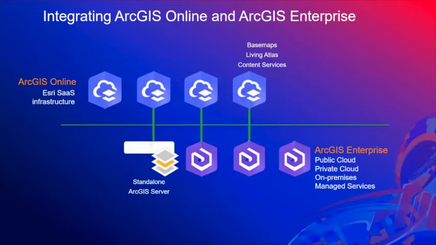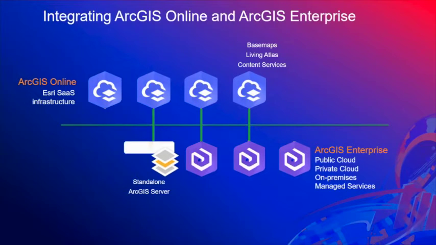You can also use ArcGIS Enterprise as your primary and sole system, but still pulling in content from ArcGIS Online, such as the base maps. I bet most of you that are using primarily or entirely using ArcGIS Online are probably still using the Esri base maps. Most organizations don't create their own base map from scratch. Some do, obviously, but most of you are probably using the Esri base maps, and they are coming from ArcGIS Online backend.